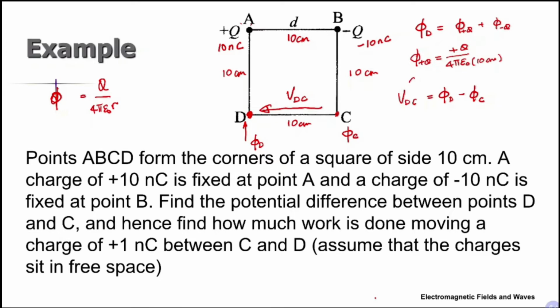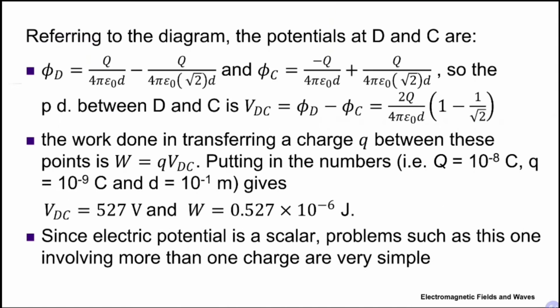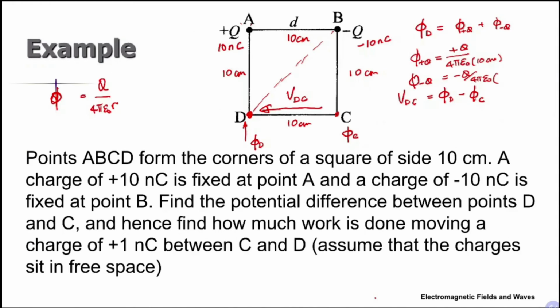And then for the phi due to minus Q, the charge will be minus Q over 4 pi epsilon naught, and R, this is the distance between them, so that will be square root 2 of 10 centimeters.